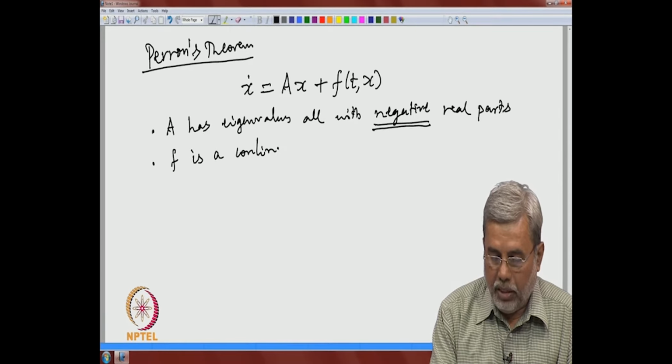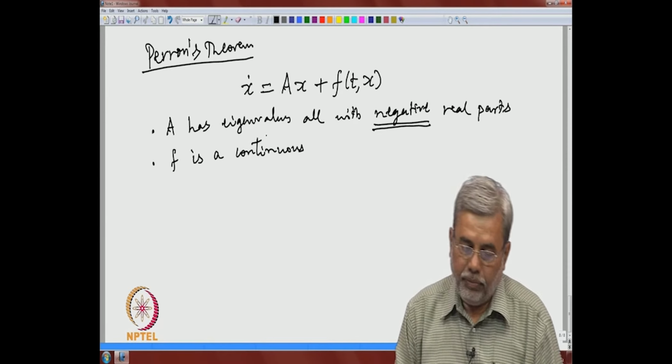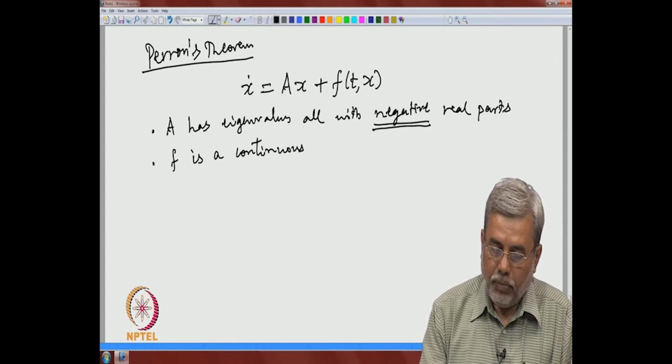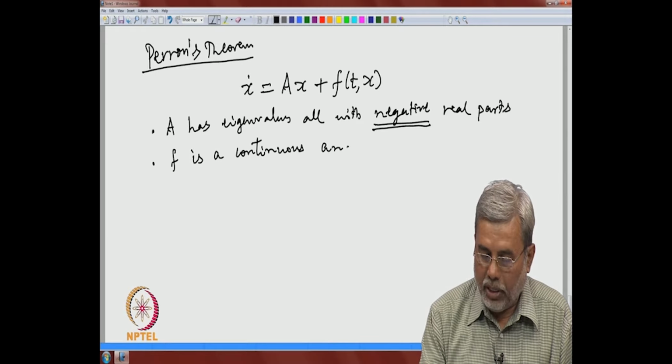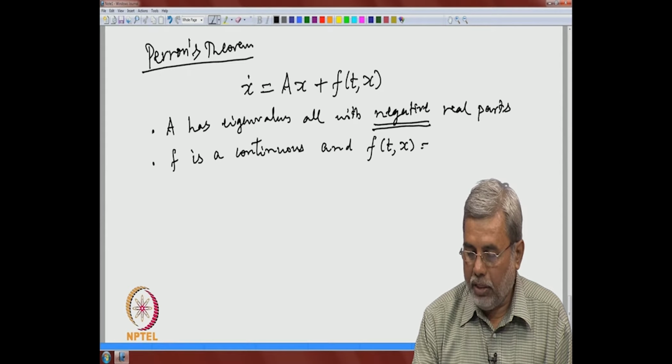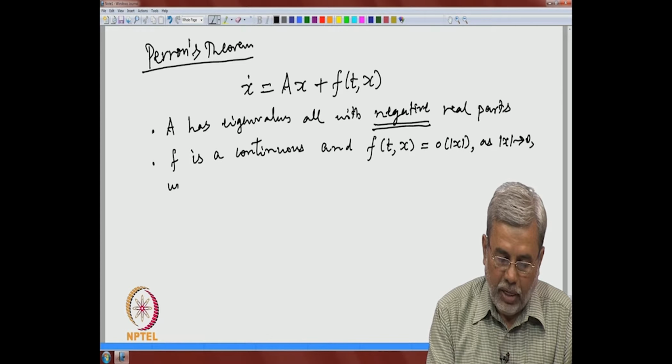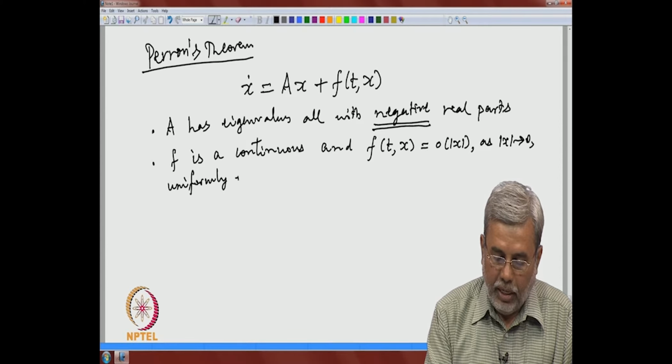Let me not bother about where it is defined, but it will be defined in a neighborhood of 0, and this is an important hypothesis, and this indicates smallness. So, this is little o of mod x as mod x tends to 0, uniformly in t.